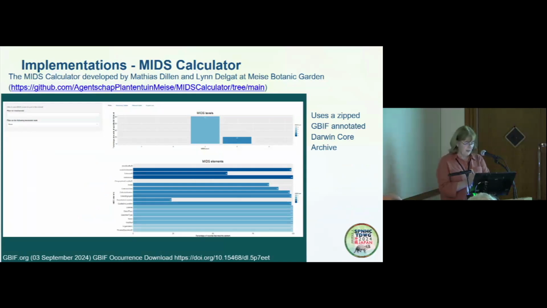So there are currently 2 implementations of MIDS calculators that have been developed and that are available to test. And there are additional implementations, such as the one being incorporated into DISCO, the European Scientific Collections Research Infrastructure. The MIDS calculator, developed at Mesa Botanic Garden, uses a zipped GBIF annotated Darwin Core archive.